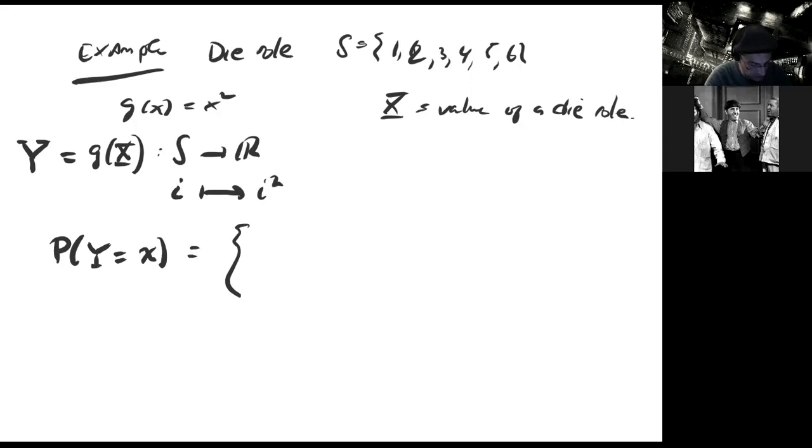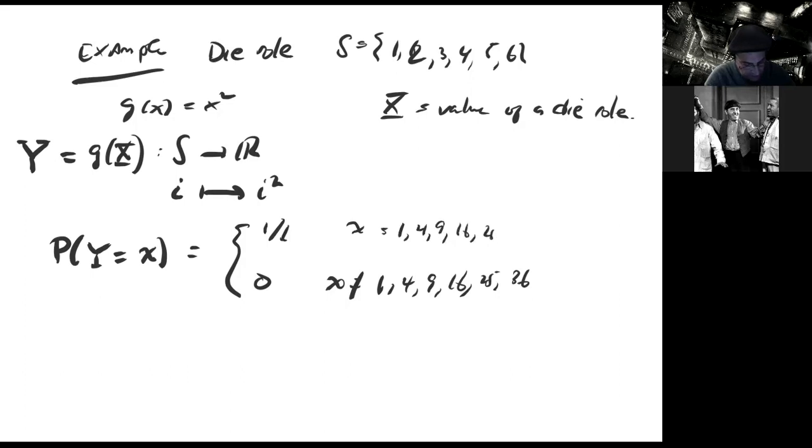It's going to be 0 if x is not equal to 1 squared, 2 squared, 3 squared, 4 squared, 5 squared, and 6 squared. And it's going to be 1/6 if x is any one of 1, 4, 9, 16, 25, or 36. So this is going to be the PMF of the random variable Y. I'm going to denote the PMF as P sub Y, so it's P sub Y of x.